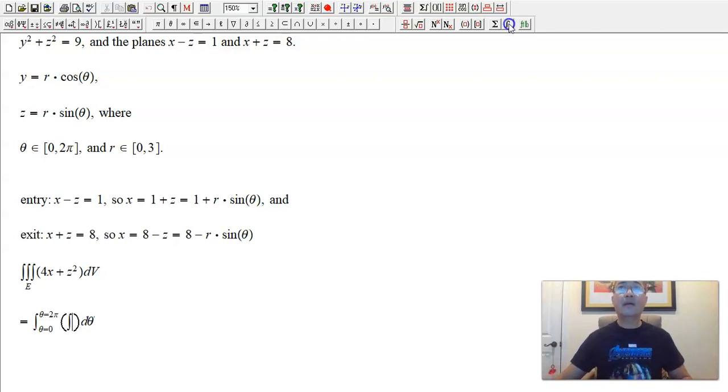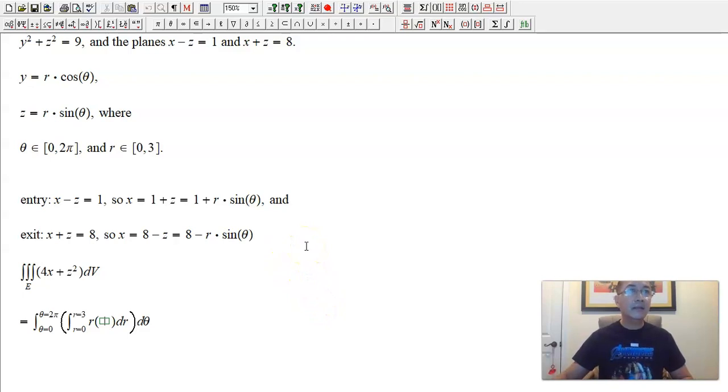And then we have r, r going from 0 to 3. To be safe, I put the r in here and the dr out there. Maple doesn't like that times symbol, so I don't put it in because we want to check our answer.